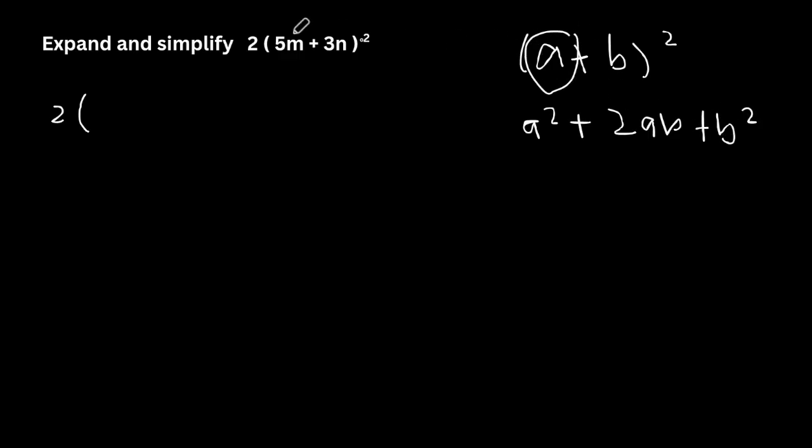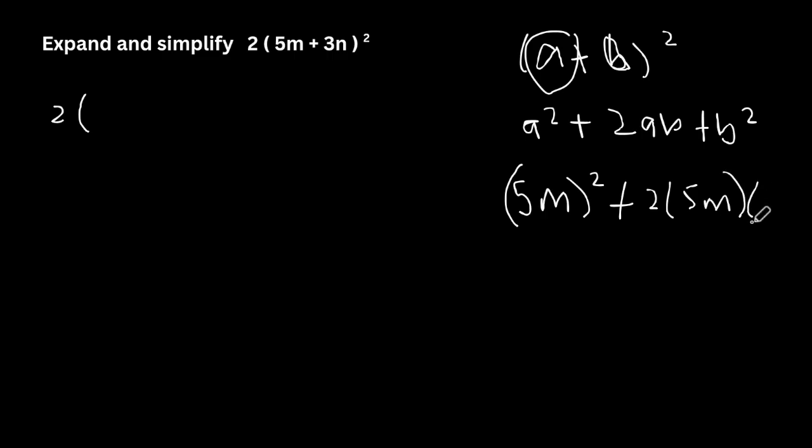So over here, A is basically your 5m and your B is your 3n. Apologies for these drawings. So what you get is 5m squared plus 2 times 5m times 3n plus 3n squared. So that means 5m squared gives you 5 squared is 25, m squared is m squared.